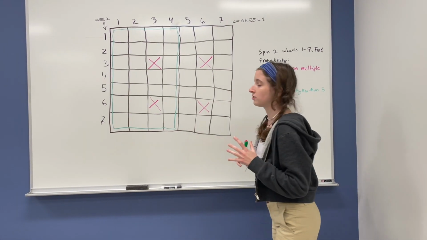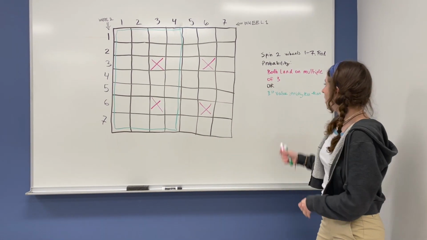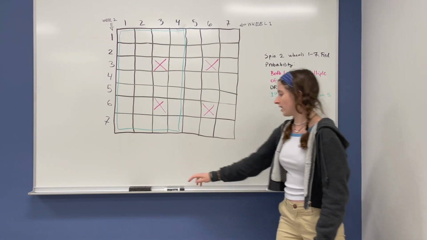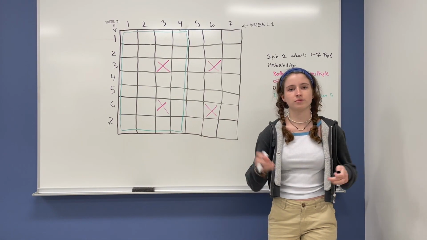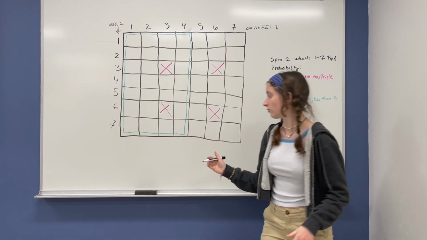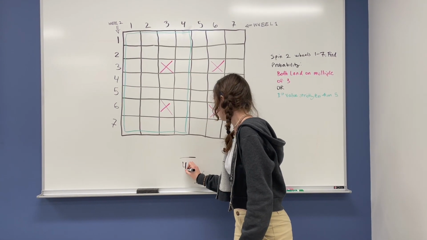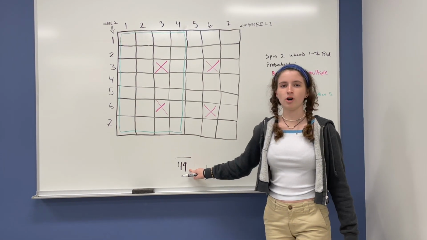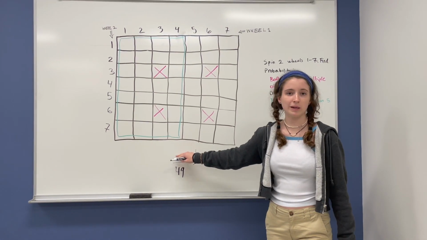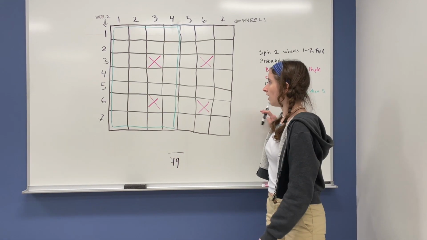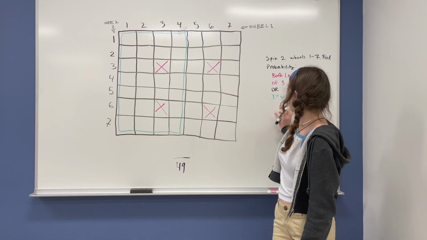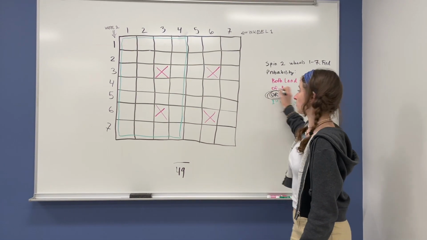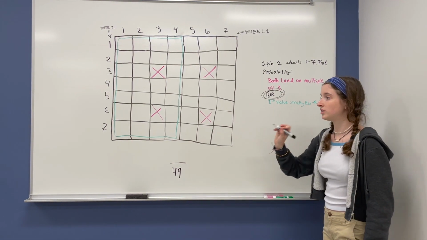The only thing that's left is to find the actual probability. We know that there's 49 total boxes, so your denominator is going to be 49. This is all of the possibilities, and then you want to filter it down by your number of successes. The key word here is or, because you don't want to double count.